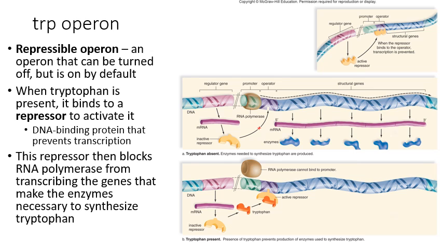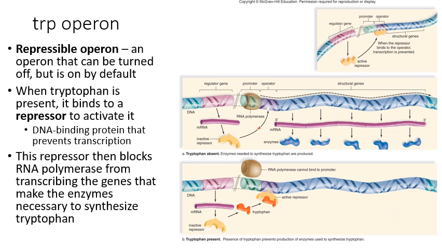So in this scenario with the trp operon, is it possible for there to be some tryptophan in the environment, but not enough for the bacteria, so it needs to make some as well? Yeah. So remember when we talked about enzyme speeds and substrate concentration, and we had some sort of plot like this where you have a saturation point, with substrate concentration and enzyme speed.